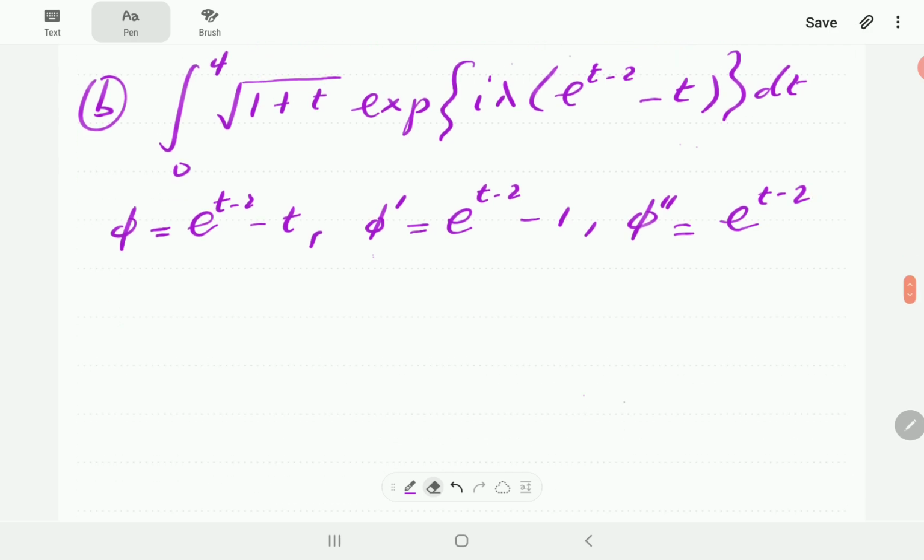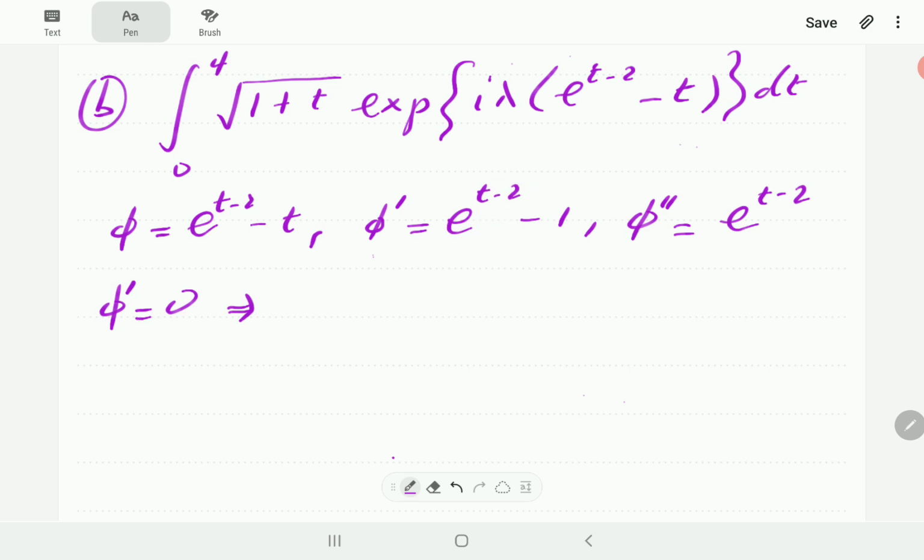Then equating this to 0, so phi prime equal to 0. This is going to be 0 if this is 1 as well. This is going to be 1 if the exponent is 0.